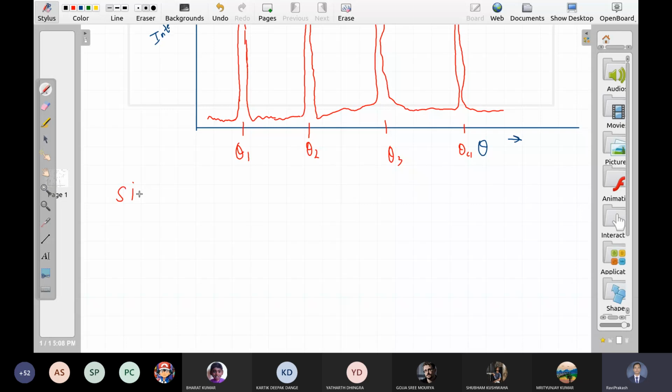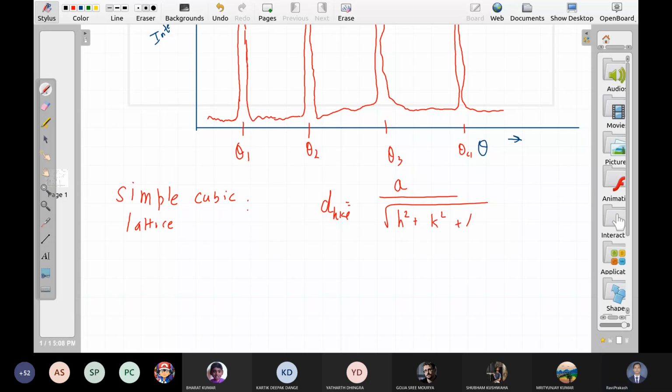If that is true, then what is the interplanar spacing? d is equal to, for some HKL plane, a upon root of h square plus k square plus l square.